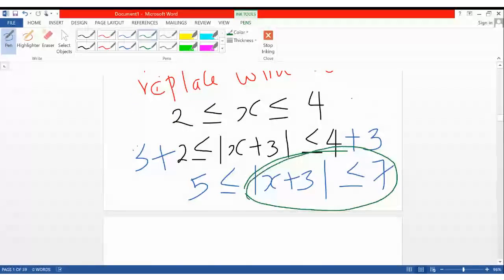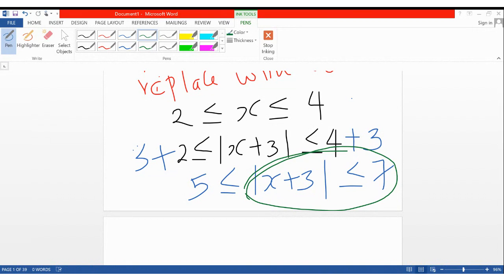I will ignore the other one. So I can take the biggest number, which is 7.